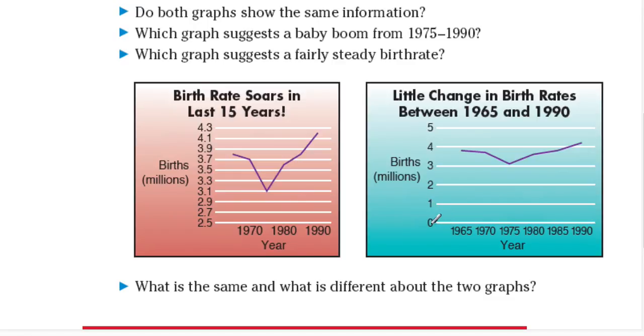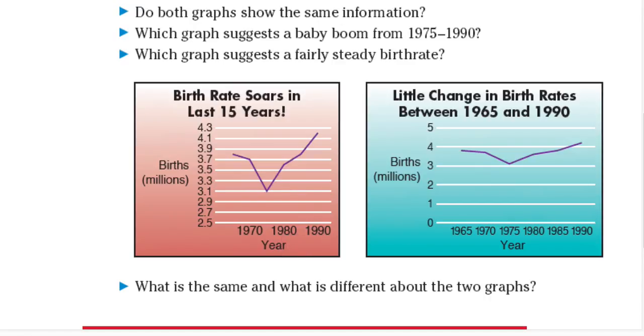We talked about that. And look at the years on the horizontal axis in the graph on the right: 1965, 70, 75. Smaller intervals on the right graph, larger intervals on the left graph.